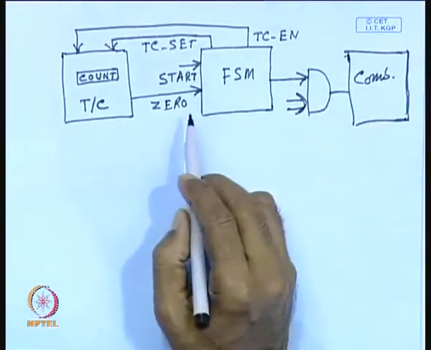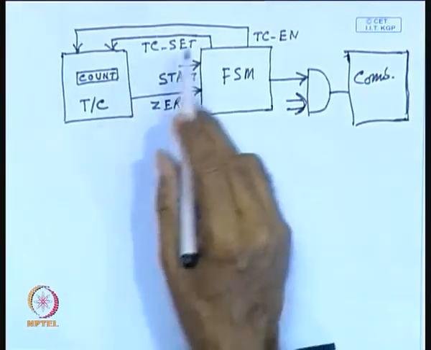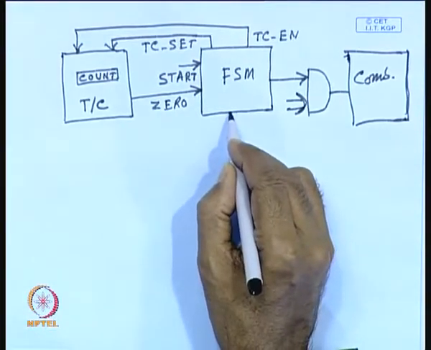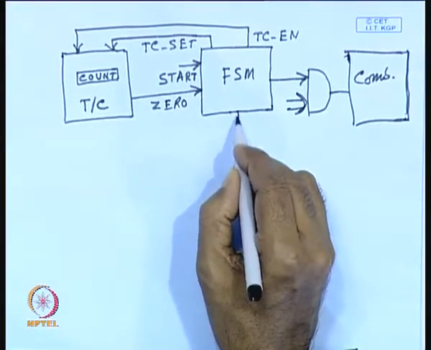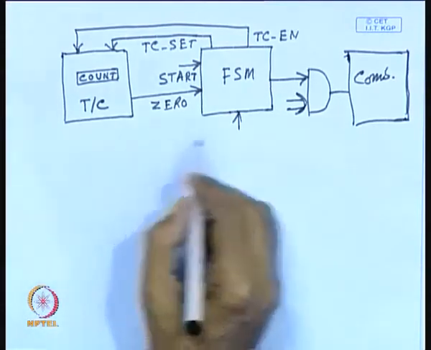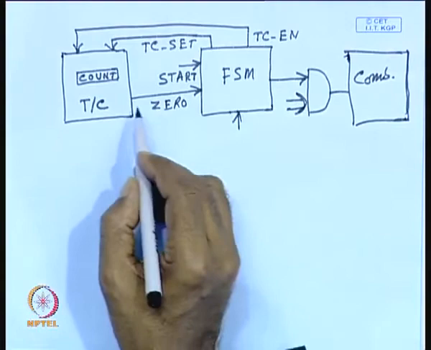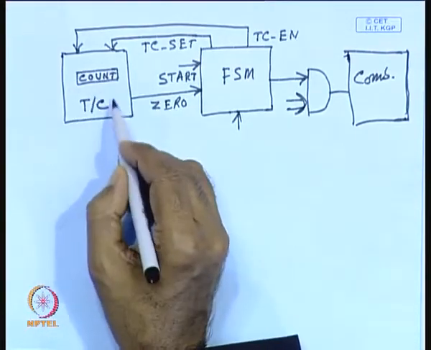So, you can see a lot of power saving can be done, and this finite state machine is also clock gated, as I have told. You will be applying clock gating to it, and this finite state machine will remain in the wait state as long as this countdown takes place.